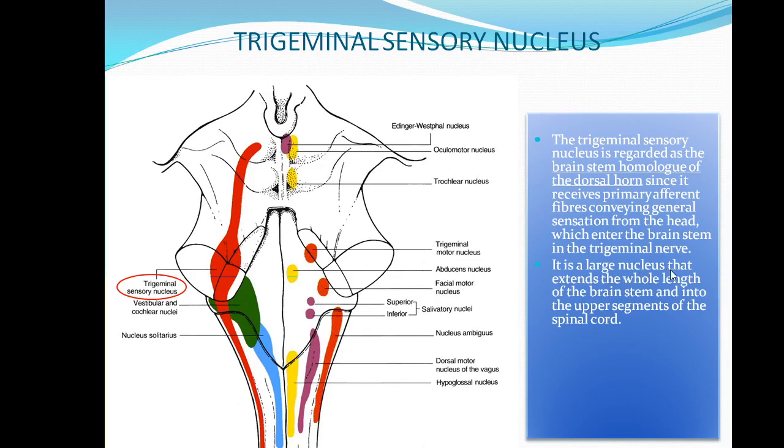It is a large nucleus that extends the whole length of the brainstem and into the upper segment of the spinal cord. This latter caudal part of the trigeminal nucleus is particularly associated with the modalities of pain and temperature. The spinal tract of the trigeminal nerve.